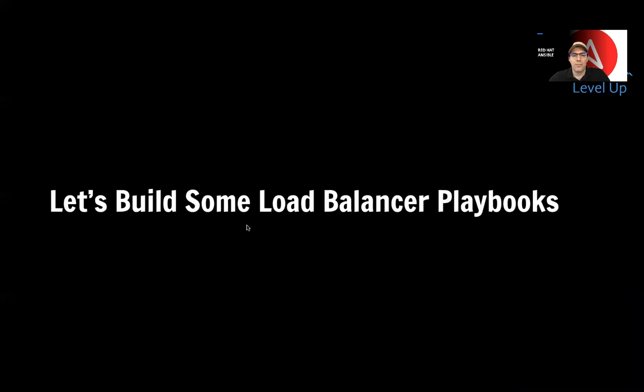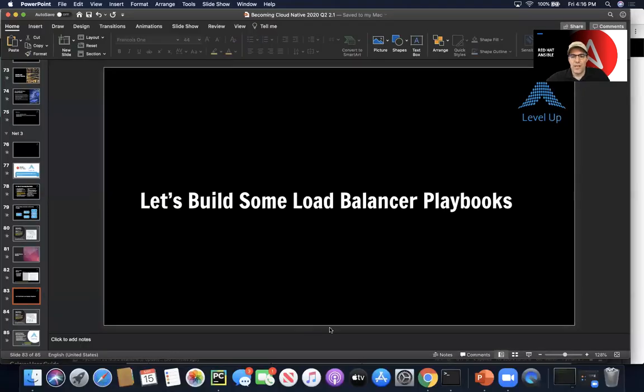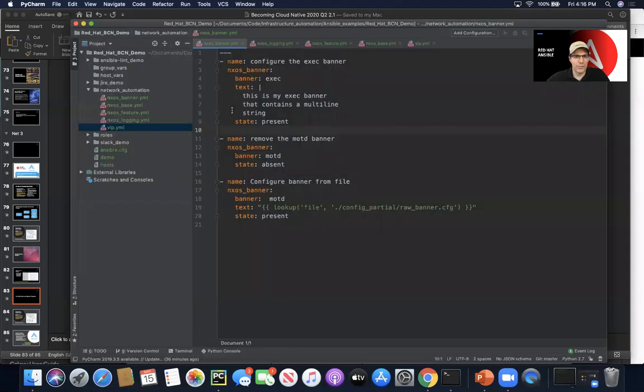So we'll jump out of the slide deck here, and we'll look at some basic load balancer playbooks. I'm taking most of this code directly from Ansible.com, and we're not really going to do anything super fancy with it here, but I just want to talk a little bit, in the general case, about simplistically how we would take different code and combine it into our own idea of a base.